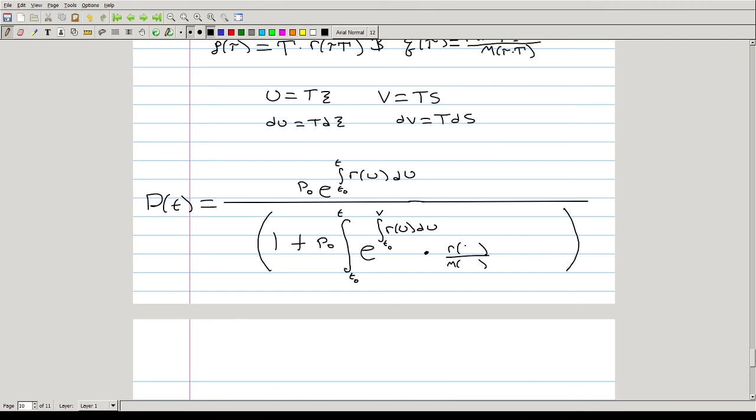This lower integral is the integral of r of v over m of v dv. Where this is now the dimensionalized, or the dimensional form of our solution. But it's a nice compact expression.